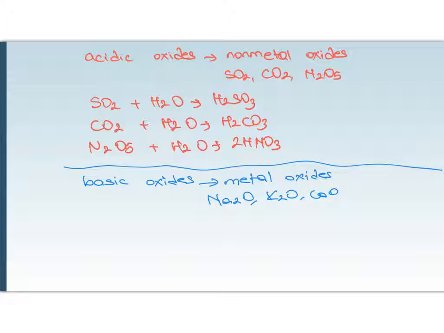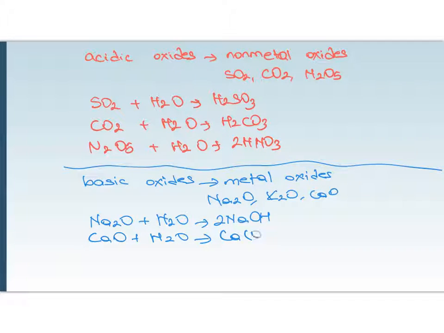When you put them in water, they are going to react with the water and produce some base. For example, sodium oxide plus water will give you 2 sodium hydroxide solutions. So calcium oxide, when you put it in water, remember this was lime, and when you react it with the water, it's going to be slaked lime, which is calcium hydroxide.